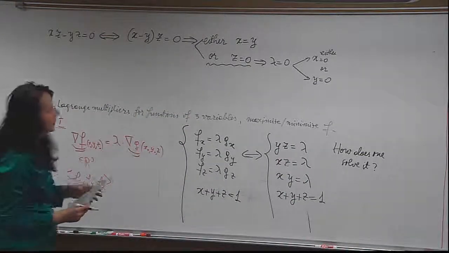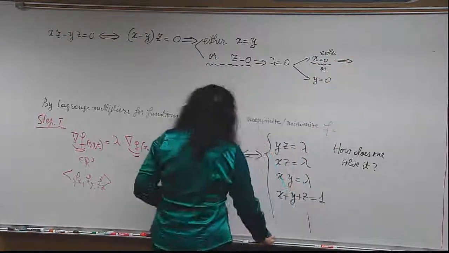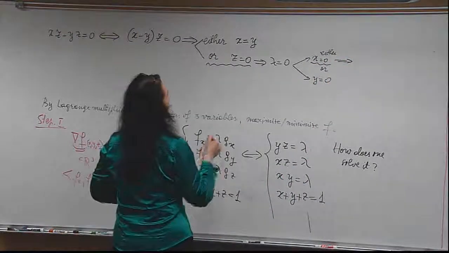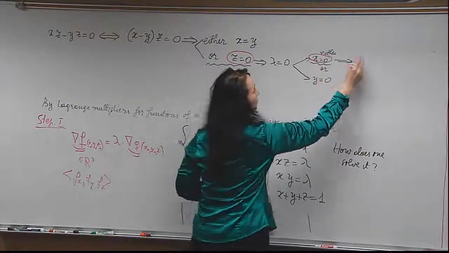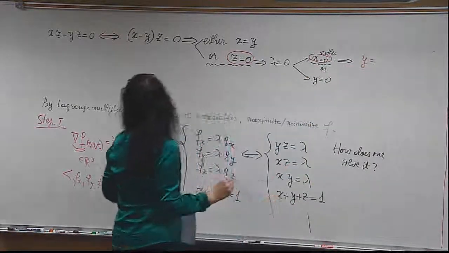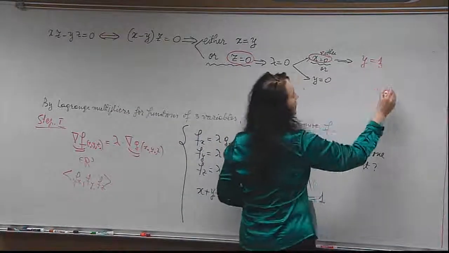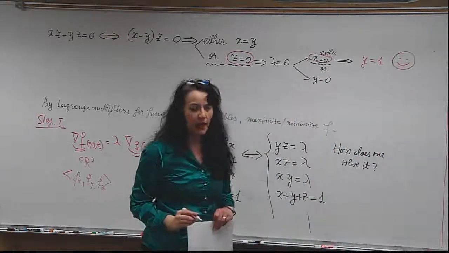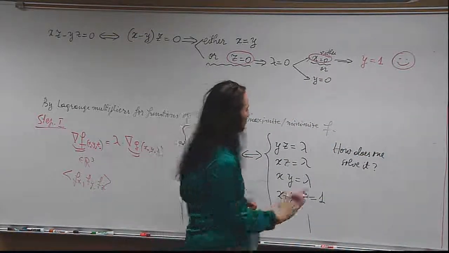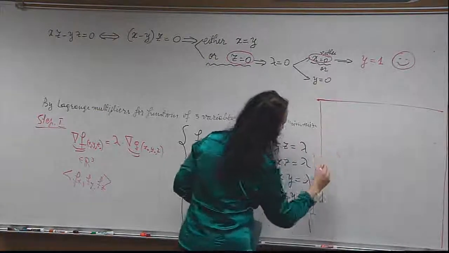Let's take the first one. Just like a computer. Computer will say, so I'm here, if z was 0 and x was 0, what will y be? Y will be 1. That is the only case I got. And I make a smile because I got all three of them, and I can start my table. That's a pink table.